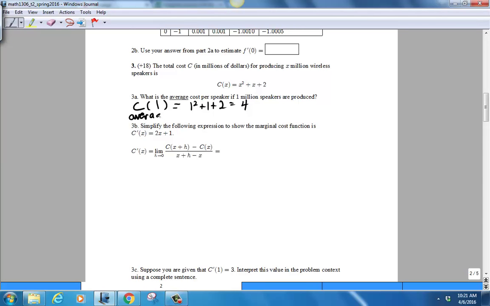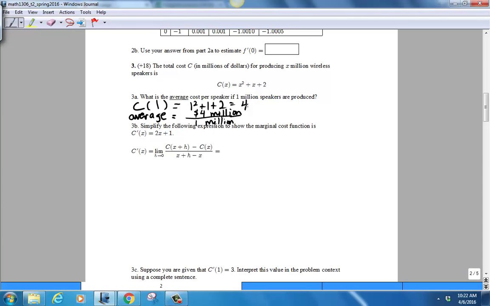Now that's easy to calculate, because if you make 1 million speakers, what was the cost for the 1 million speakers? What did we just say? $4 million.